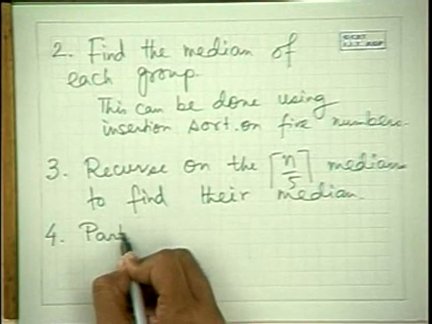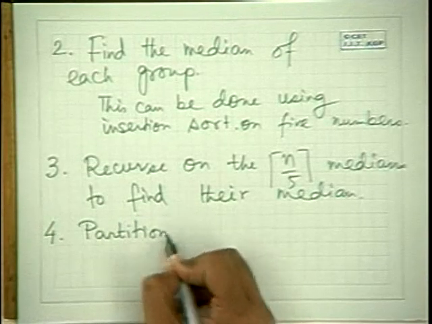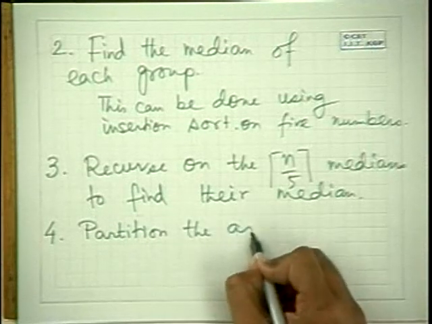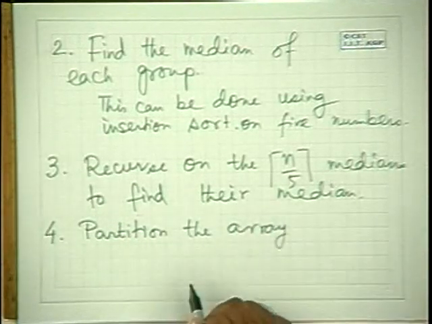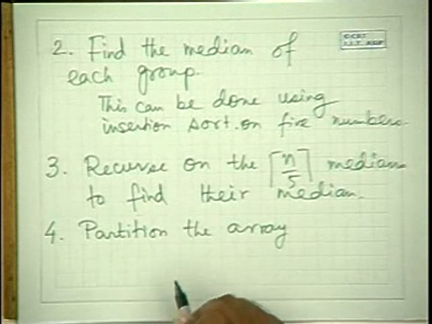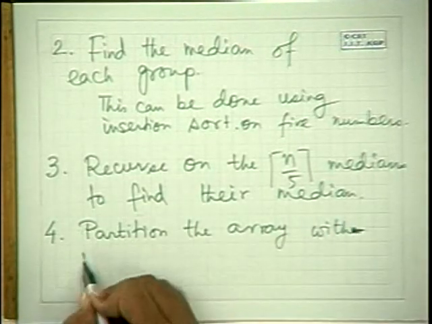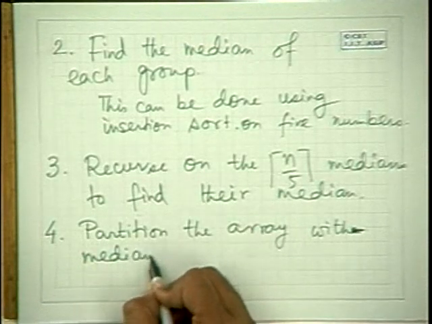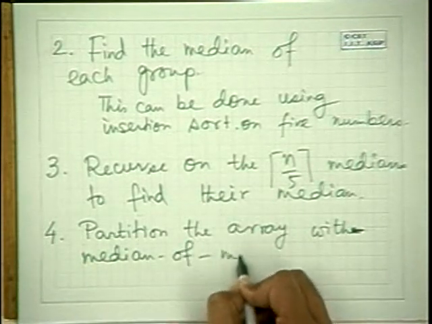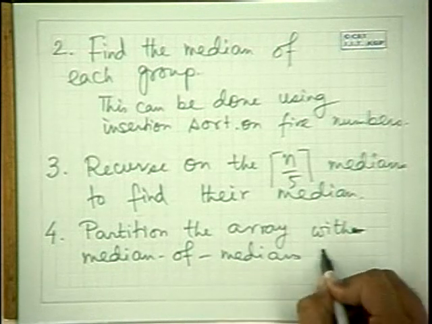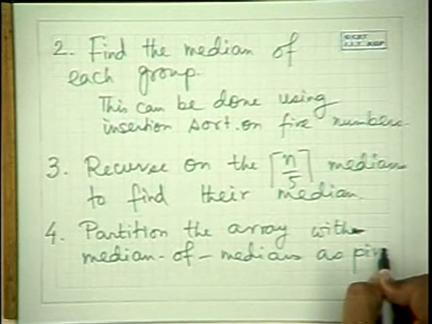Okay, now the fourth step, partition the array. This is our pivot now. This median of the medians is the pivot. Partition the array with median of medians as pivot.